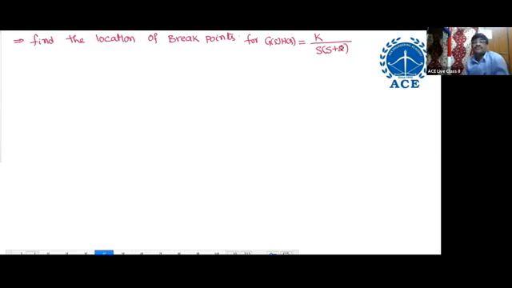For G(s)H(s) equal to k by s into s plus 2.